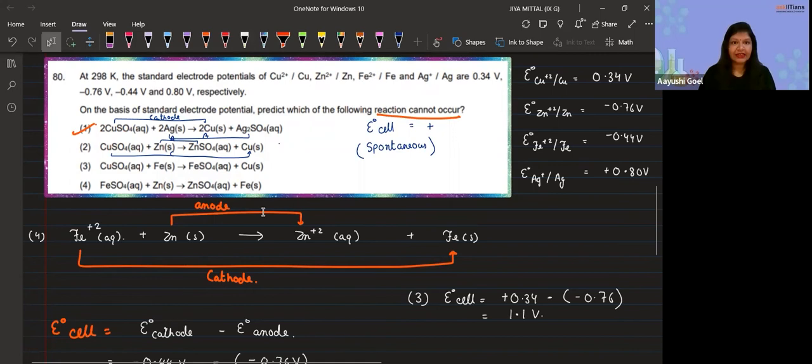Similarly, for the third case, copper is the cathode, reduction is occurring, and iron is the anode because oxidation is occurring.